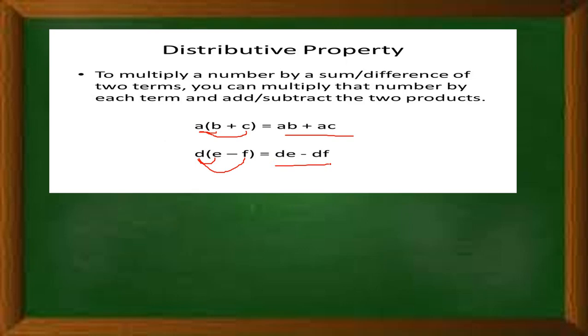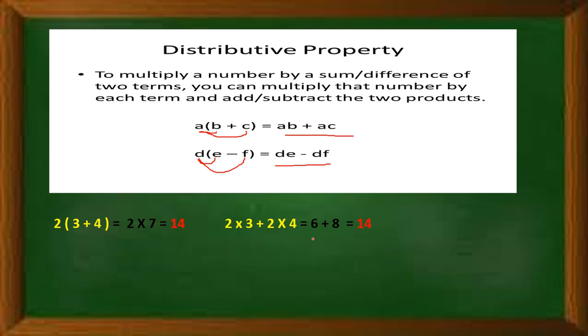Let us take this by an example. If we have the integers 2, 3 and 4, and we solve 2 into 3 plus 4, first of all we solve 3 plus 4, that is 7. So 2 into 7 is 14. Another way we can do it is 2 multiplied by 3 plus 2 multiplied by 4.